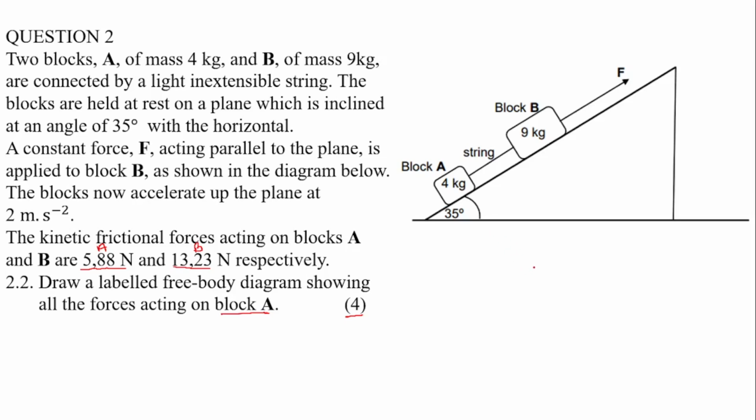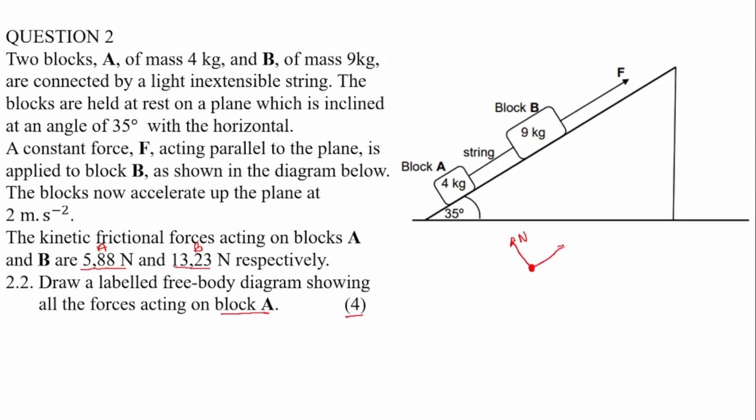So we have our dot there for the object, and then which forces are acting on this object. Obviously, we'll have the normal force, which is going to be perpendicular to the inclined plane. And then we have the tension in the string.